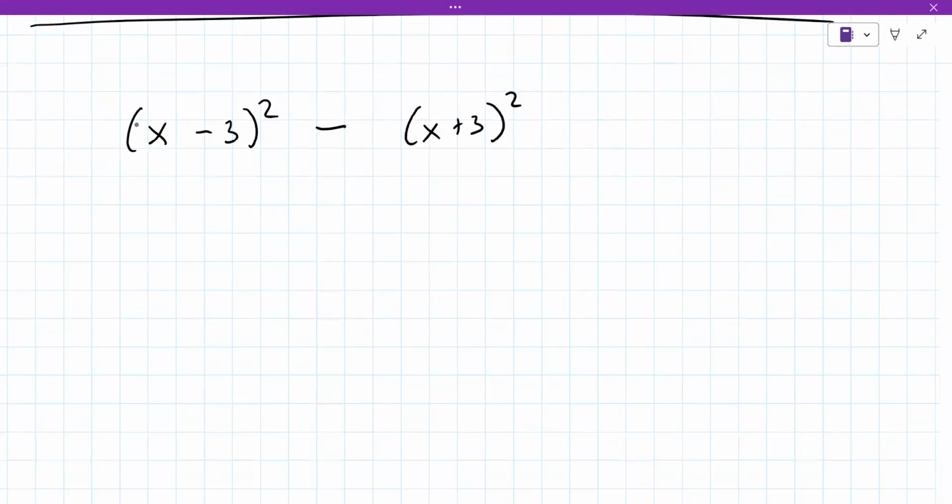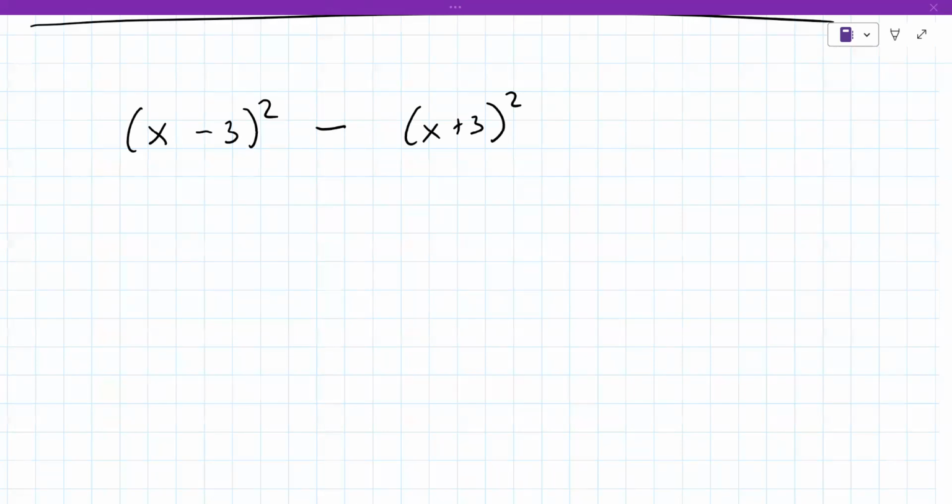All right, so while I'm thinking of that here, I want you to do each of these, x minus 3 squared, x plus 3 squared, and then subtract the difference, please. x squared minus 6x plus 9 minus x squared plus 6x plus 9 equals 0.